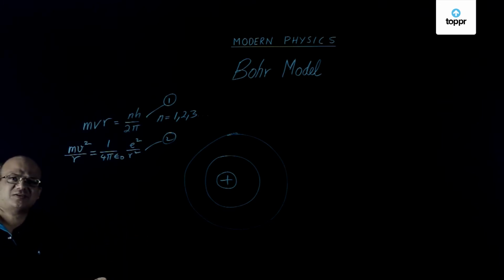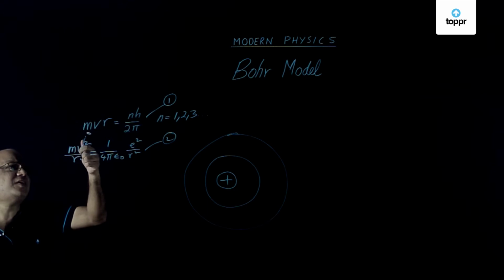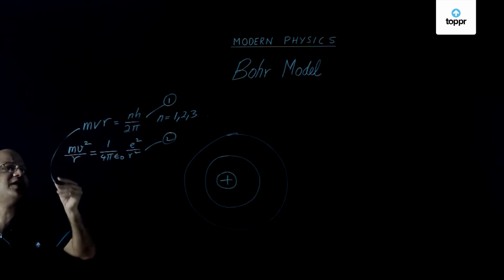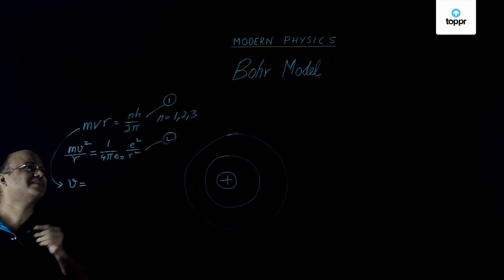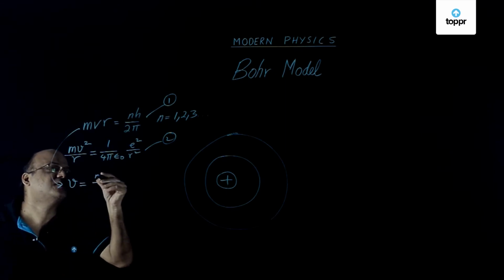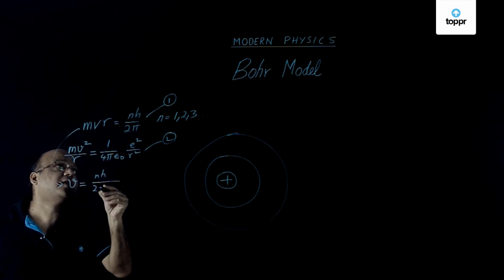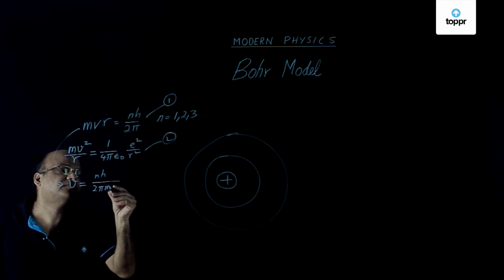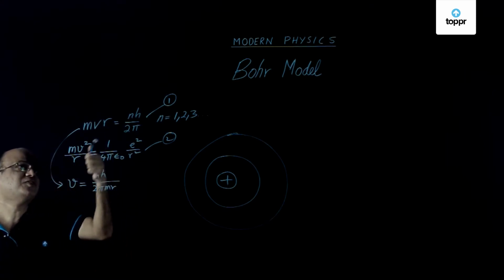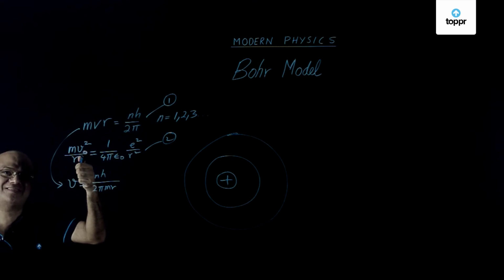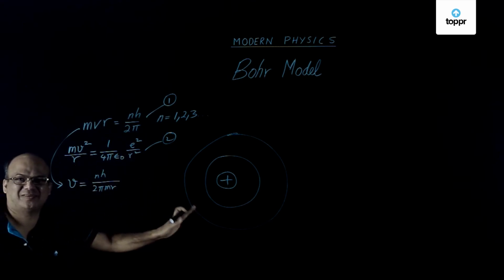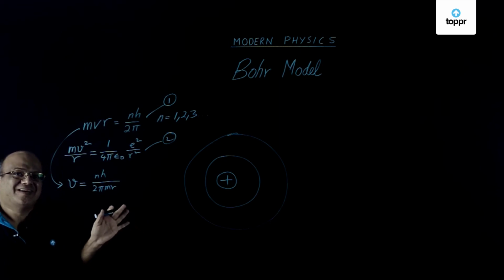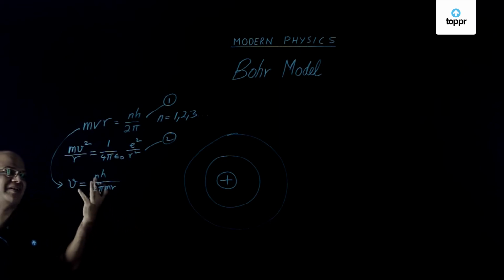Very easy derivation. From the first equation, you can write the equation for v. So, v becomes nh by 2 pi mr. Why have I used this equation and not the other one? Because there a square is there, we get a square root. We don't like square root. Square is better, but without square is also very nice.